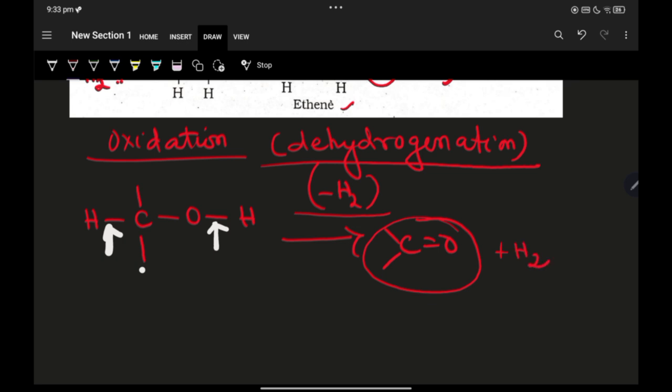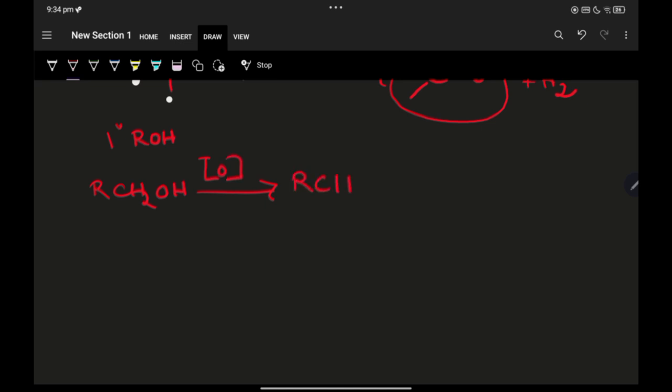So oxidation is also known as dehydrogenation, removal of hydrogen. And we have seen one simple thing, that 1 degree alcohol, RCH2OH, undergoes oxidation to form aldehyde, and aldehyde undergoes further oxidation to form carboxylic acid.